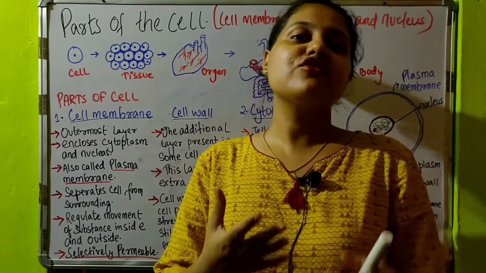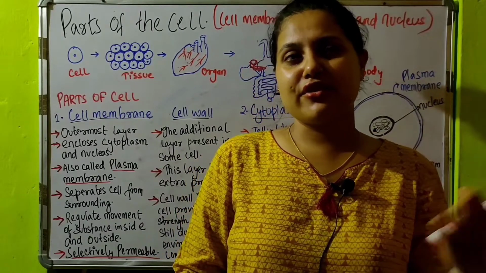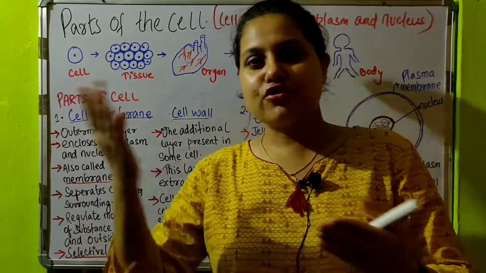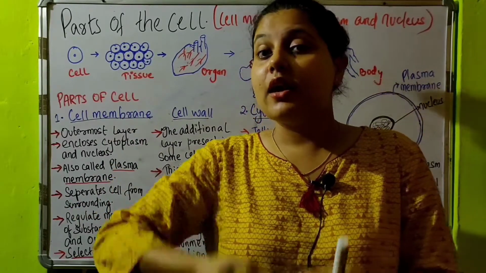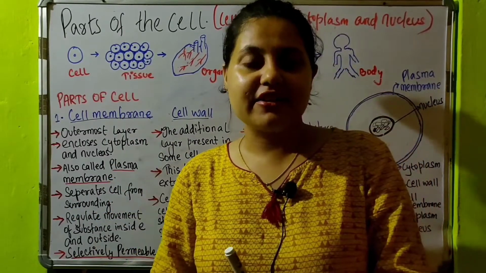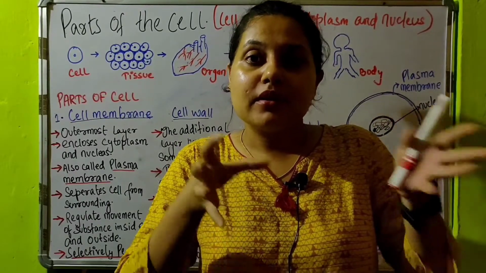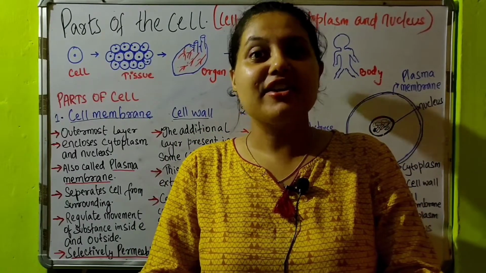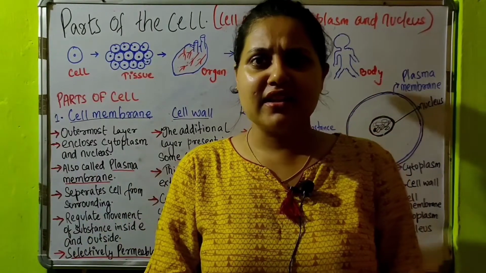Cell wall gives extra protection to plant. Why is that? Because whenever there is rain, whenever there is storm, any kind of natural calamities, we can run, right, for the shelter, but can the plant run? No. Animals also come under the tree during such condition, but can the tree go anywhere and hide?